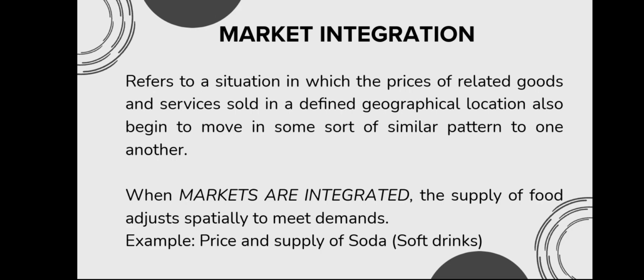Through market integration, people and businesses can buy, sell, and trade more easily with others, even in different cities or countries. So, when markets are integrated, the supply of food adjusts spatially to meet demands. Example, price and supplies of soda or soft drinks.